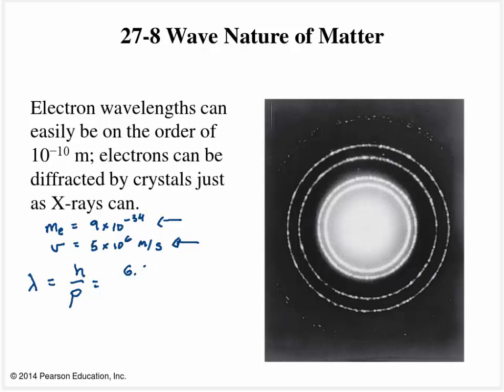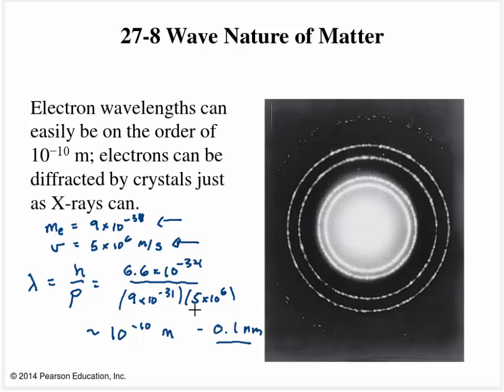And so we can go ahead and calculate the wavelength of an electron, 6.6 times 10 to the negative 34th, that's Planck's constant, divided by the momentum, 9 times 10 to the negative 31st, and then 5 times 10 to the 6, and we're going to get a wavelength that's on the order of 10 to the minus 10th meters, which is roughly 0.1 nanometers.